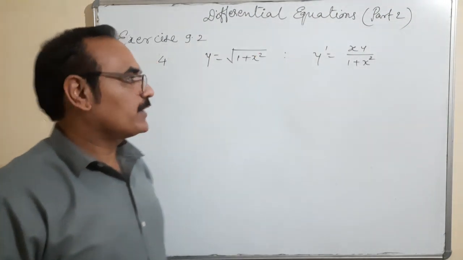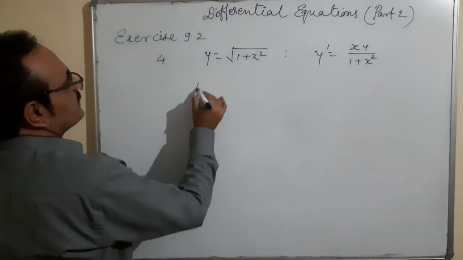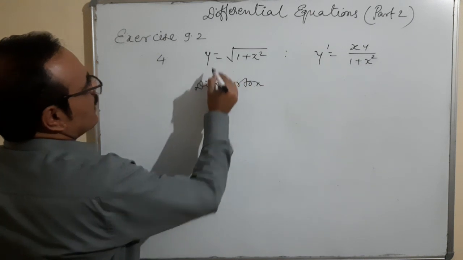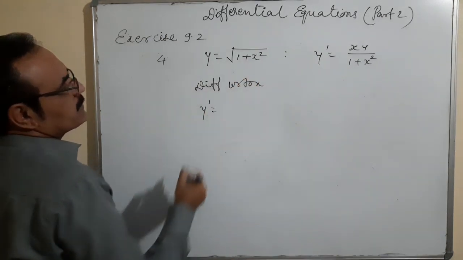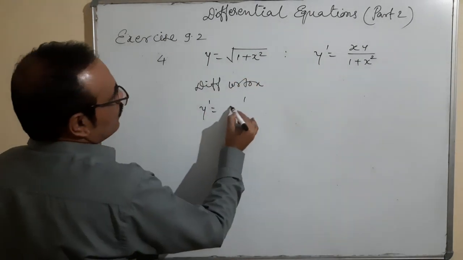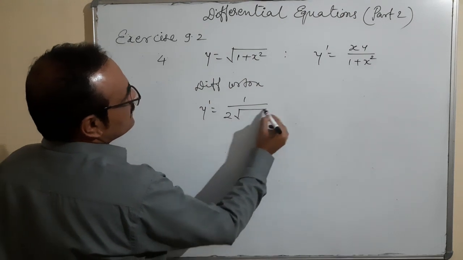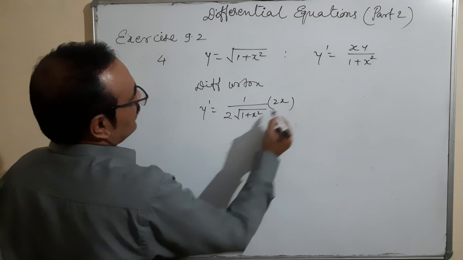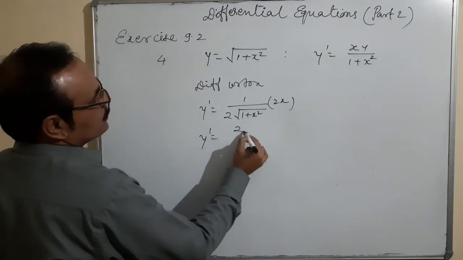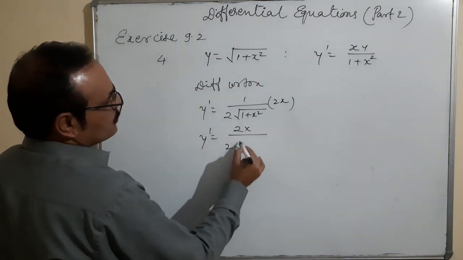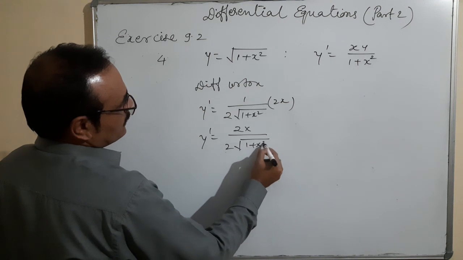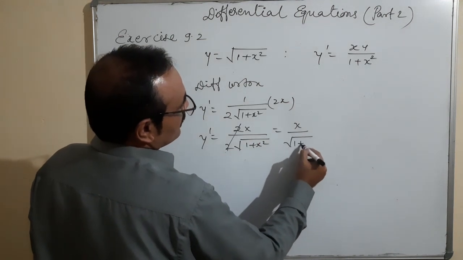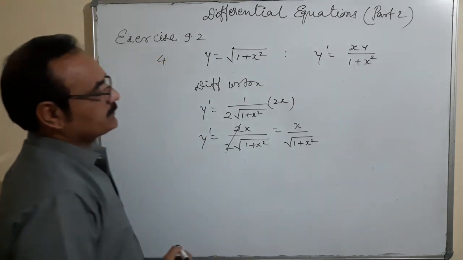Differentiation one time is required. Differentiate with respect to x. Y dash, what is the differentiation of root 1 plus x square? 1 upon 2 under root 1 plus x square, and again the differentiation of 1 plus x square, that is 2x. So y dash is equal to 2x upon 2 under root 1 plus x square. 2 cancel, x upon under root 1 plus x square, y dash.